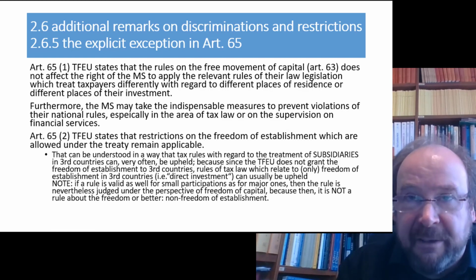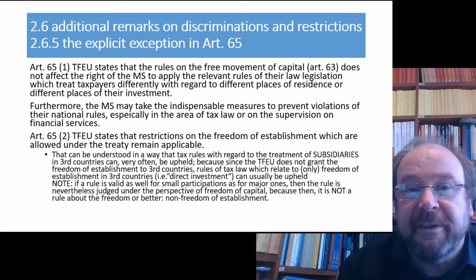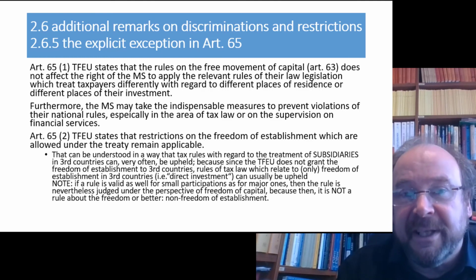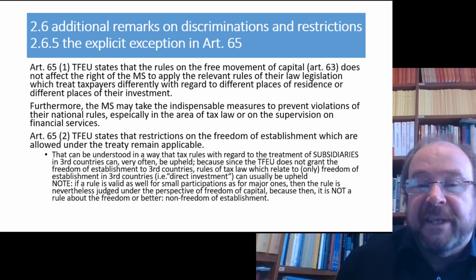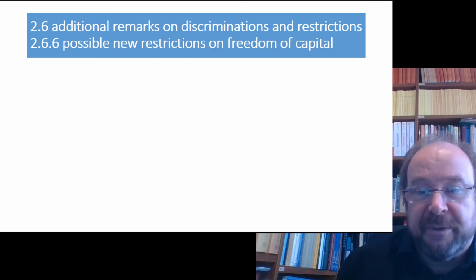If a rule, however, affects the holder of a single share and the holder of a 100% participation in an identical way, then this is a rule which regulates the capital investment, and then it will be checked under the criteria of freedom of capital. And that then becomes an important distinction.